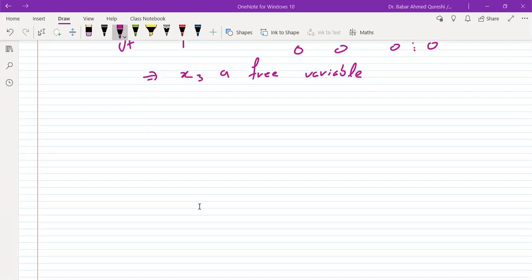Let me write a matrix which is already in reduced echelon form, and I'm going to ask you what the solution is. So example 5.